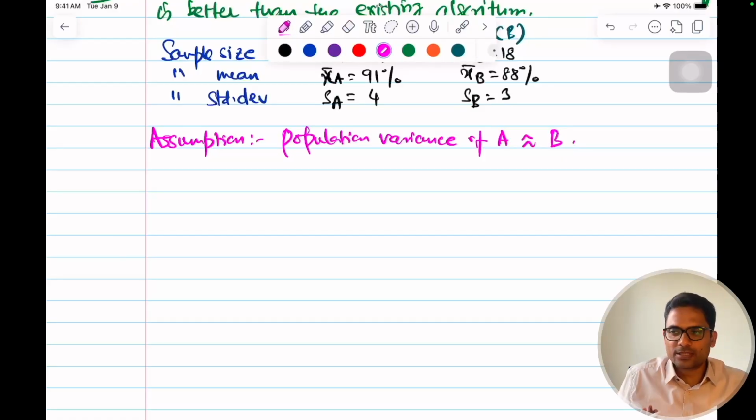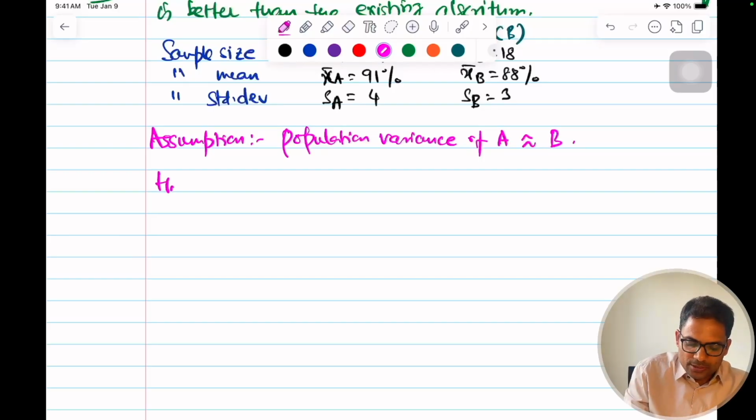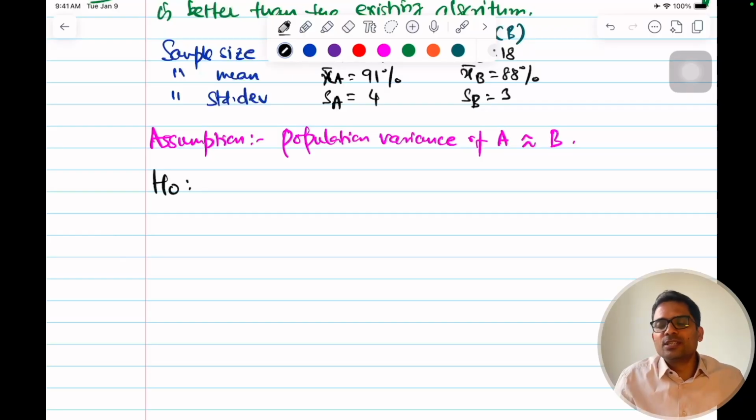This is hypothesis testing, so we have to go via the same route. What is my null hypothesis? The null hypothesis is that the accuracy of the new ML algorithm A is equal to the accuracy of the old algorithm B. Nothing has changed, status quo.